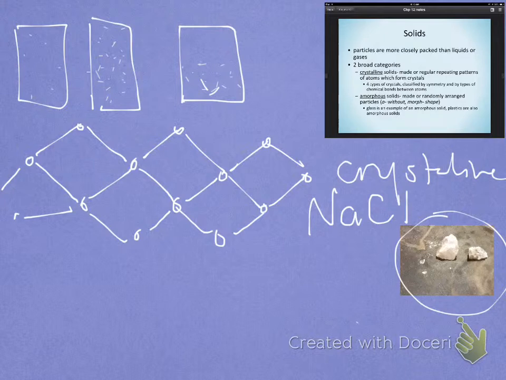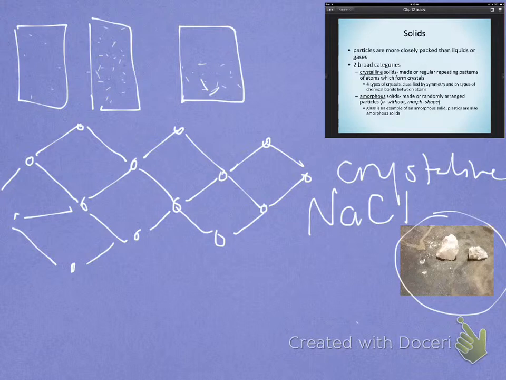Okay, so the two things that I really wanted you to notice are that it tends to break along straight planes. It forms squares and angles when it breaks. The neat thing about crystalline solids is we can actually very often, from the shape of the mineral on the surface, see the orientation of the individual atoms within the substance, which is amazing.